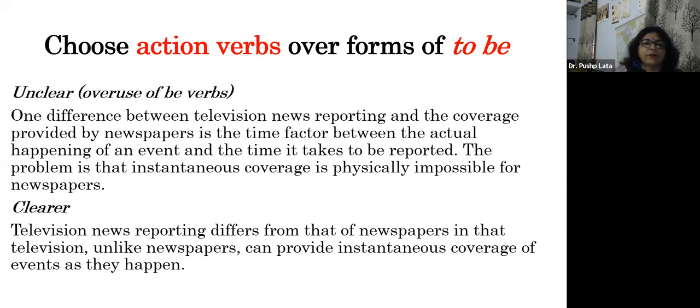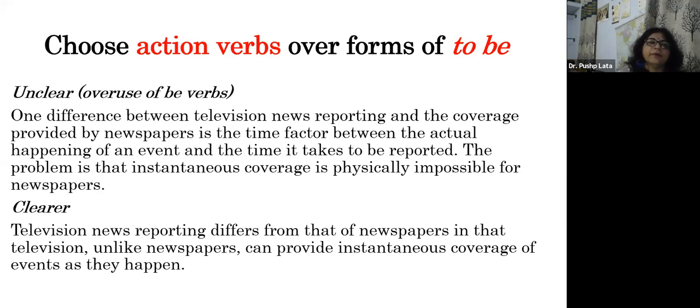Now, here is one example for you. One difference between television news reporting and the coverage provided by newspapers is the time factor between the actual happening of an event and the time it takes to be reported. The problem is that instantaneous coverage is physically impossible for newspapers. So it's talking about that television reporting is instantaneous, whereas newspaper reporting is not.